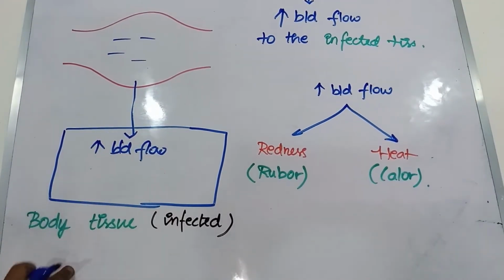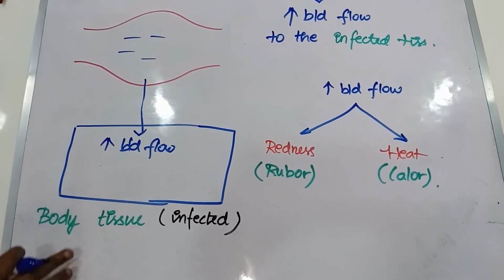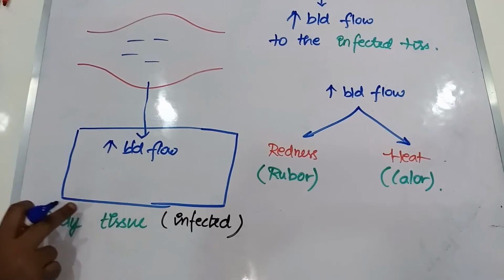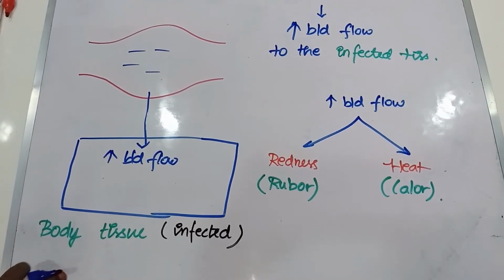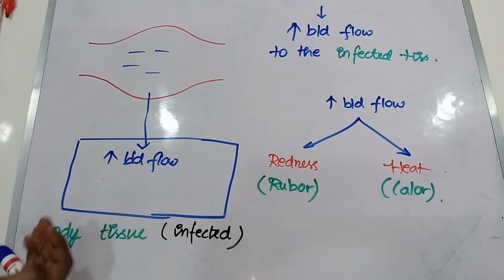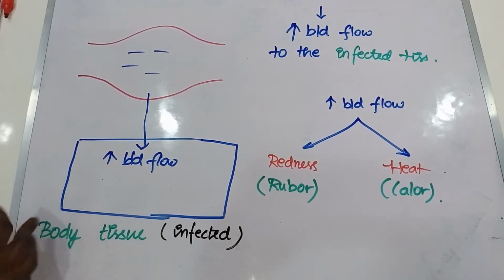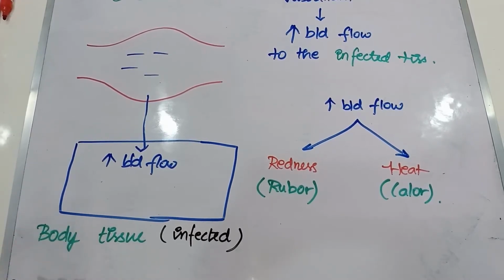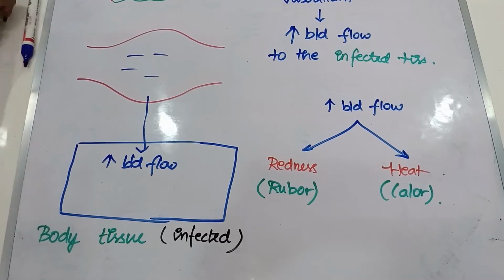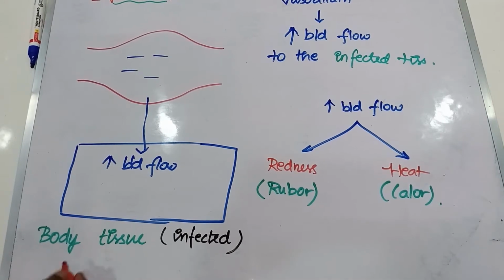The increased amount of blood is the reason for the redness in the body tissue as well as the heat. If any region gets increased blood, then the temperature in that body tissue will increase. So it is the reason behind the heat production in the infected body tissue.